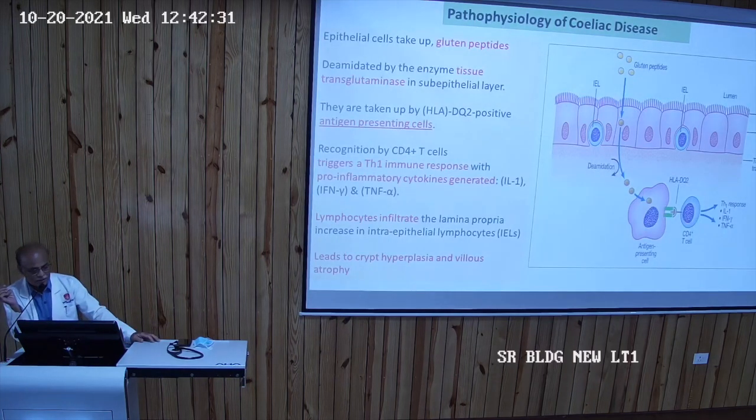In celiac disease, gluten peptides are coming through the epithelial cells, and there is tissue transglutaminase just below the epithelial mucosal lining.